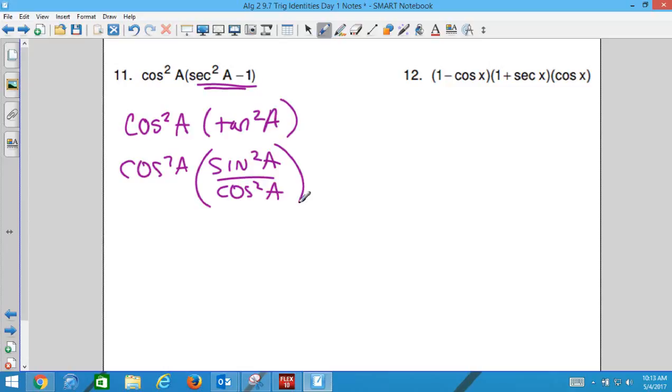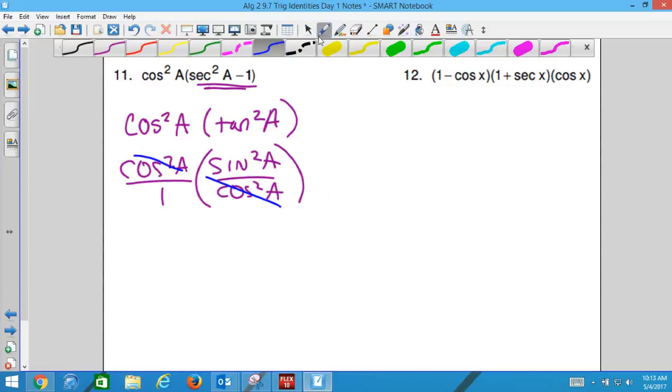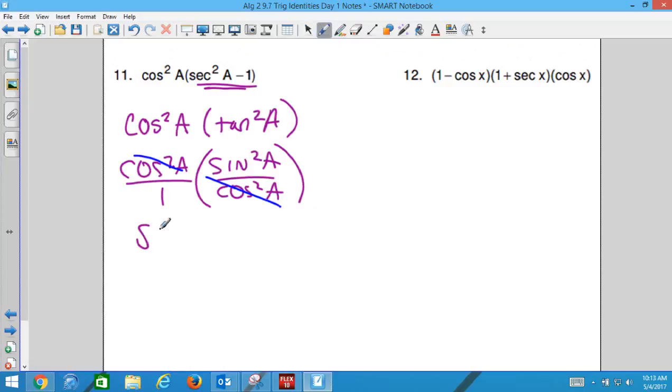We're gonna multiply straight across, so this is over 1, and since we are multiplying, those cancel.